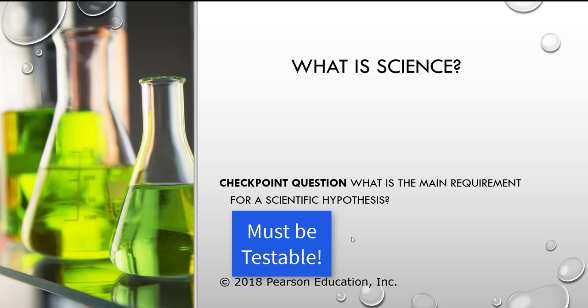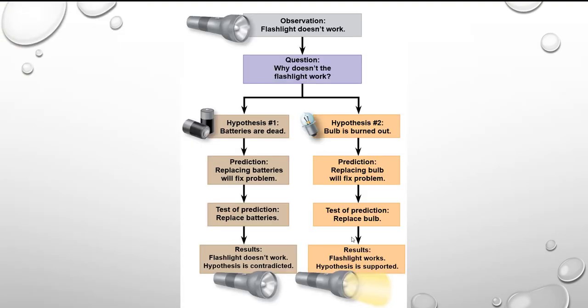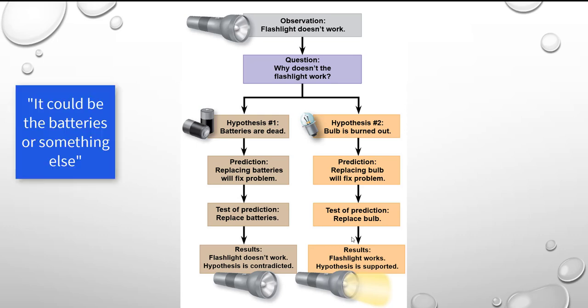It is an educated guess that you need to be able to test, and your hypothesis also needs to be falsifiable. By the way, my hypothesis can't be, why doesn't the flashlight work? It could be the batteries, or it could be something else.